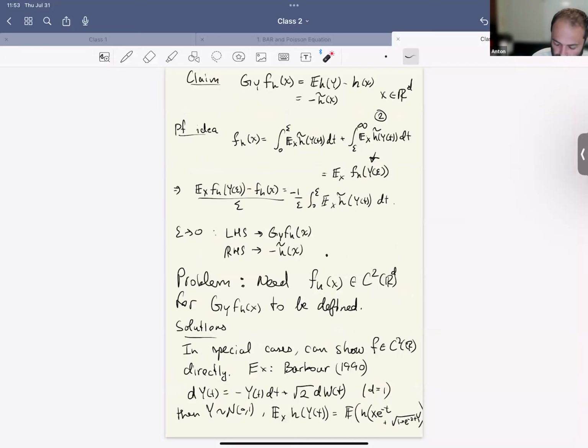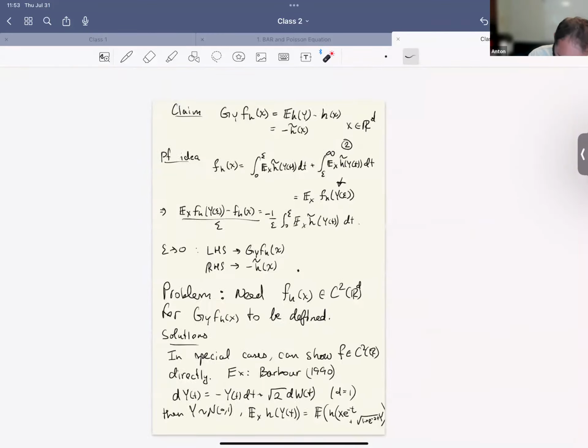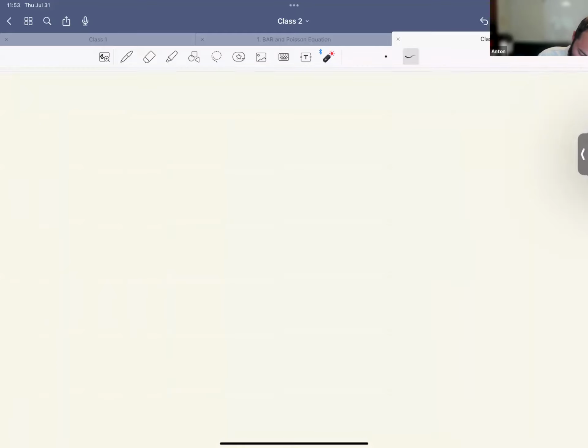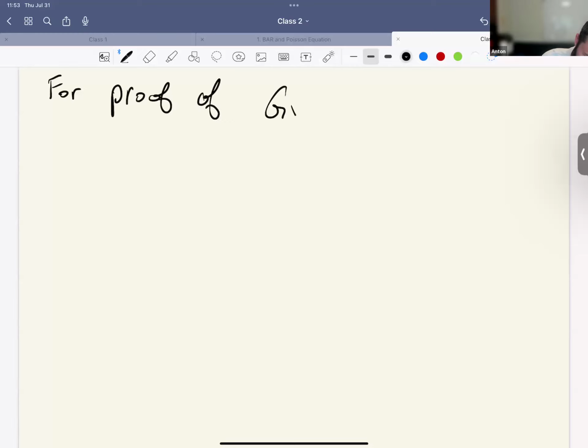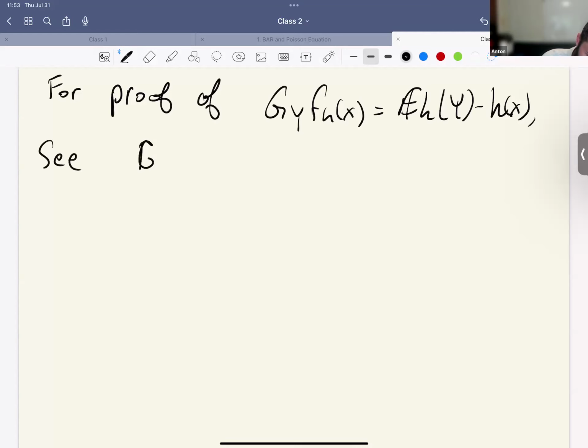And you shouldn't rely on knowing the transient distribution. Let me point you, for proof of the Poisson equation, to Itai Gurvich's paper, 2014, Annals of Applied Probability.